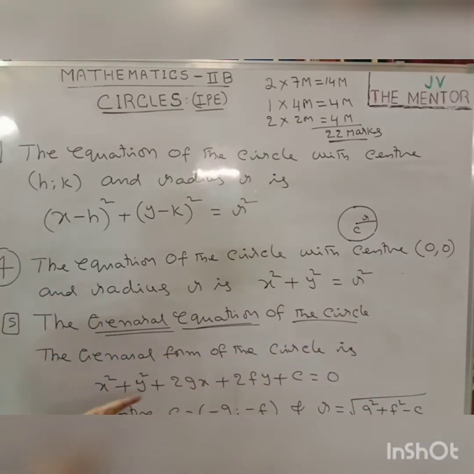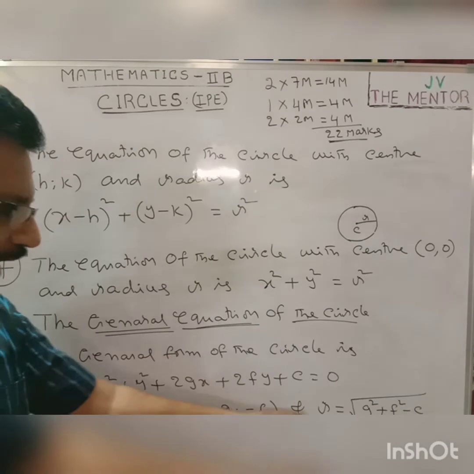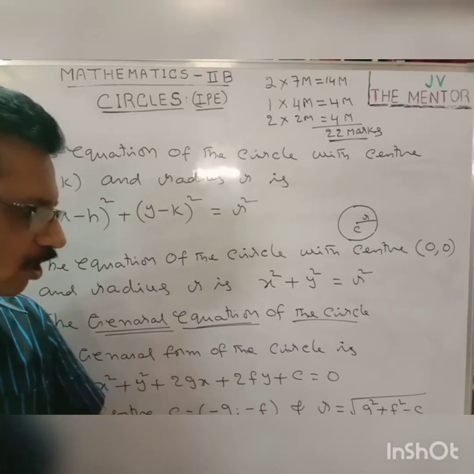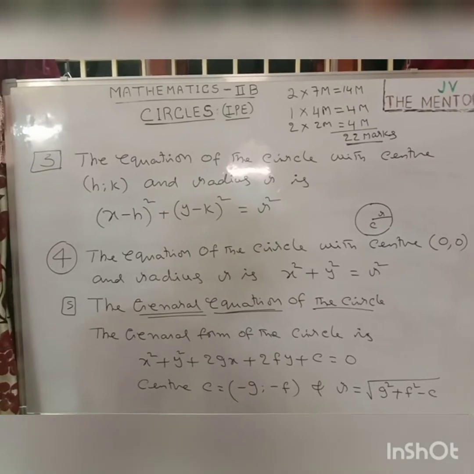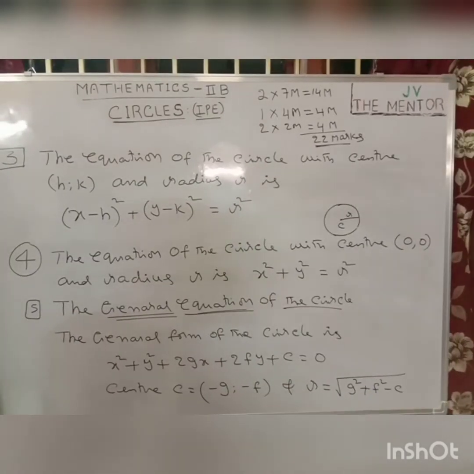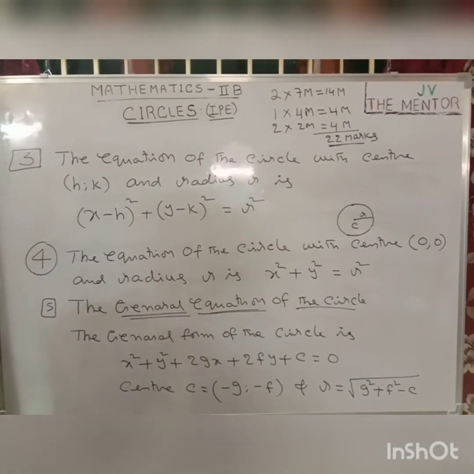Okay, this is the general form of the circle. The center is minus g comma minus f, and the radius is root of g square plus f square minus c, where g square plus f square minus c should always be greater than or equal to 0.